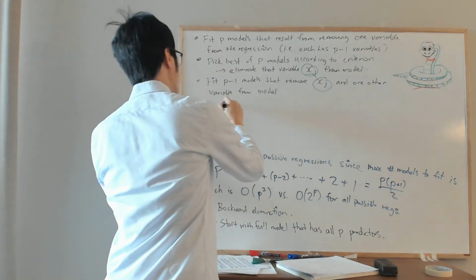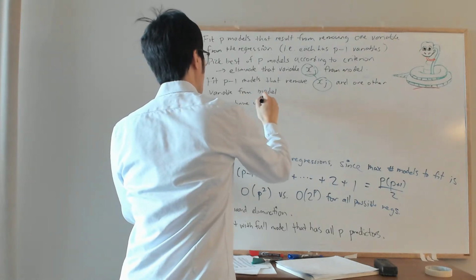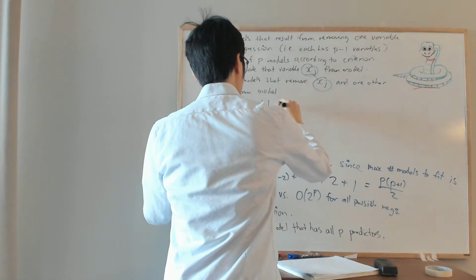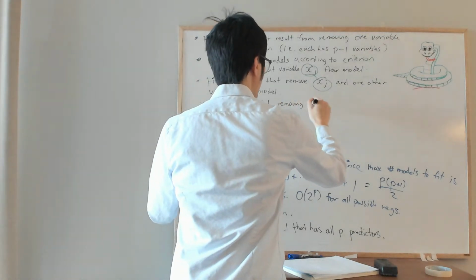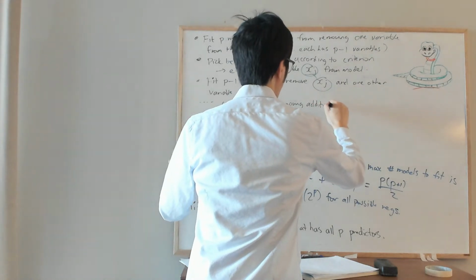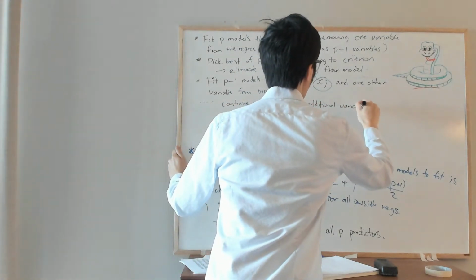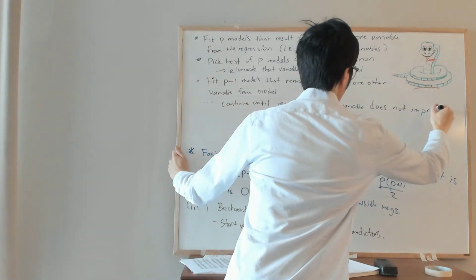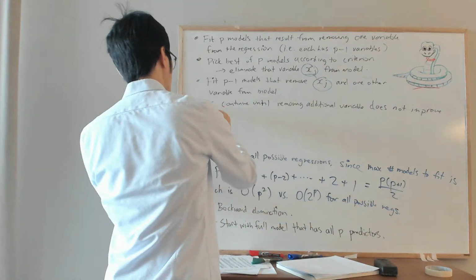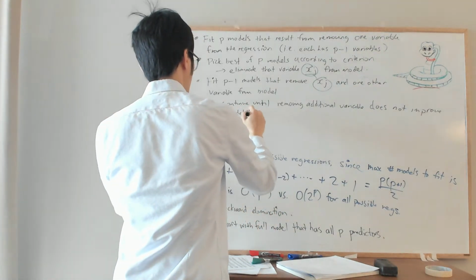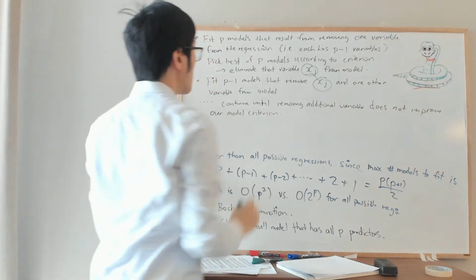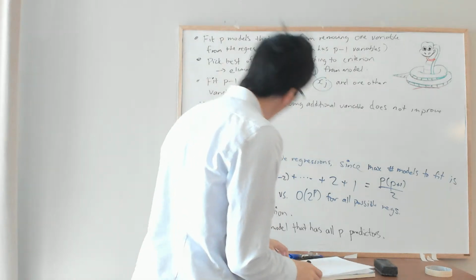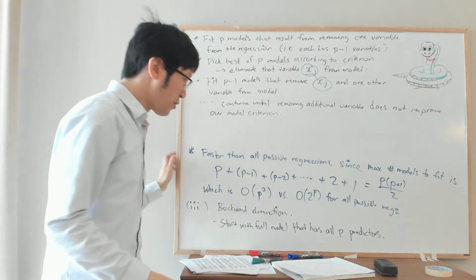Okay, and so likewise, we continue until removing an additional variable does not improve the model criterion that we chose. So again, pretty straightforward. It's just the reverse of forward selection.